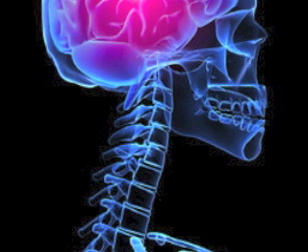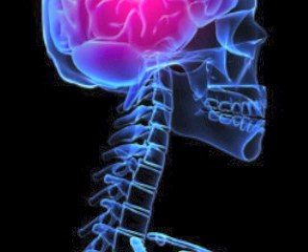Let's move on to seizures. What we're going to cover today is headaches, seizures, Alzheimer's, and Parkinson's. There's a difference between seizures and epilepsy. Seizures can occur for various reasons.